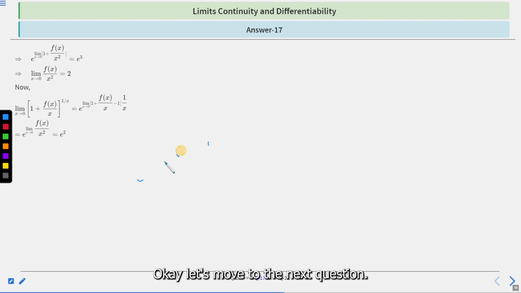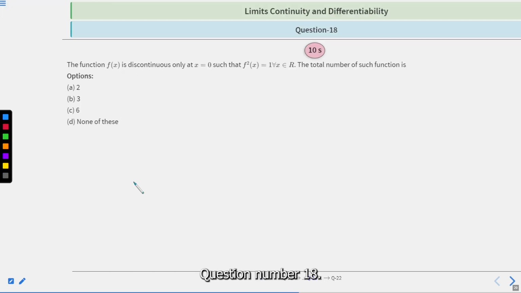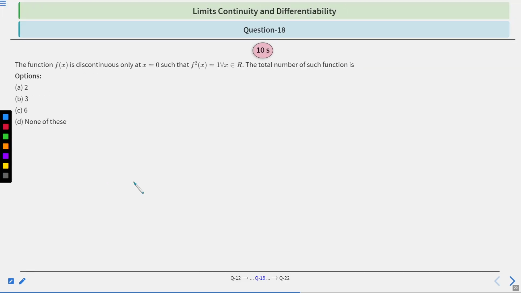Okay, let's move to the next question, question number 18, which says: if function f(x) is discontinuous only at x equal to 0, such that f square x is equal to 1 for all x belongs to real, the total number of such functions is. So we have to find the total number of such functions.